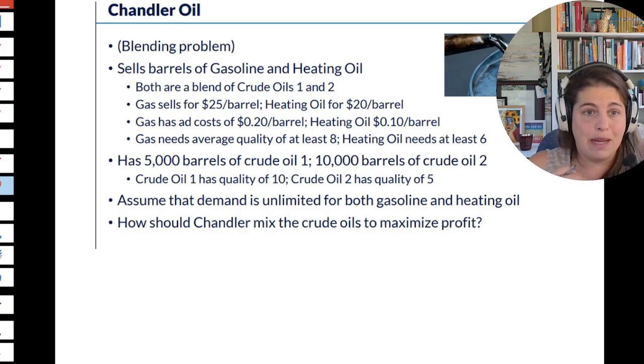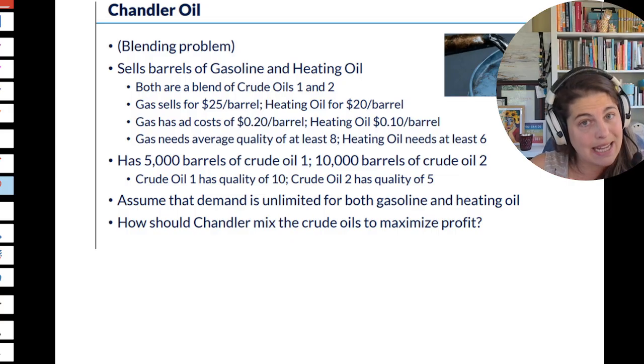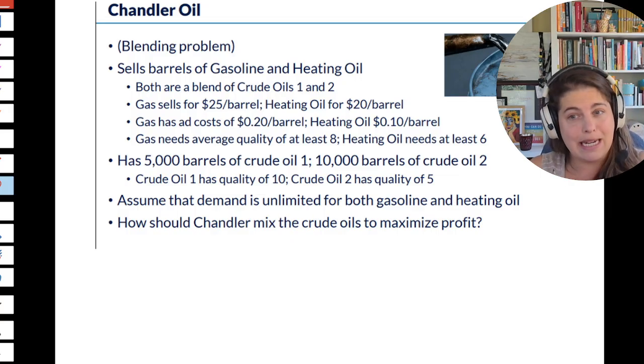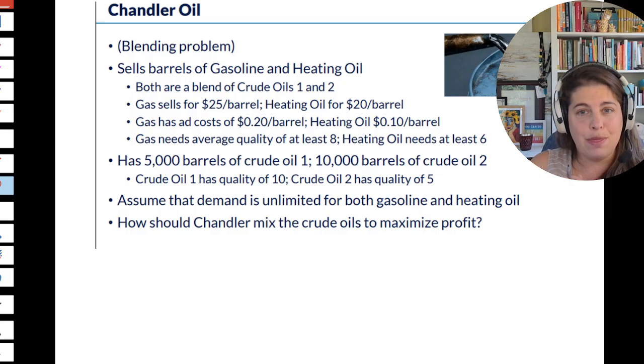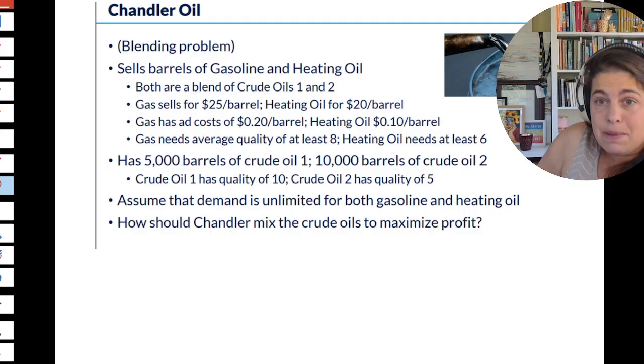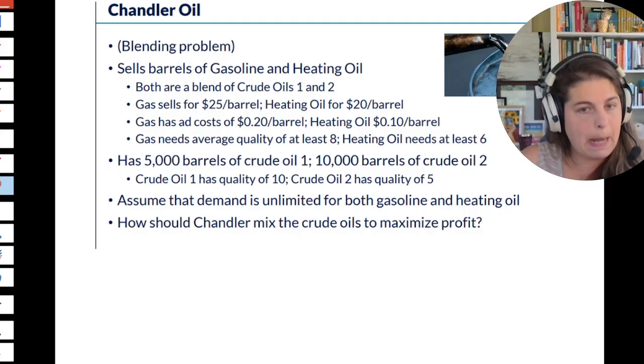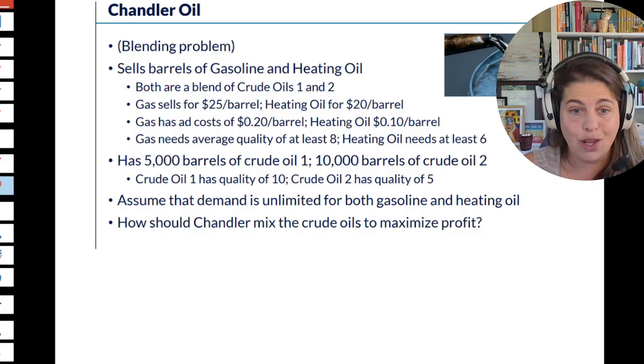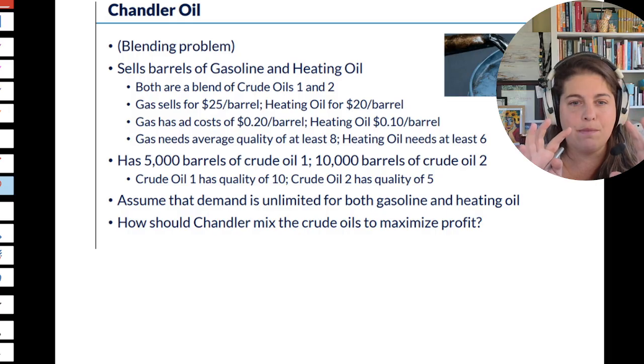I wasn't deciding how much wood and how many screws to put in to make a chair. That was given in the problem. But in a blending problem, I am deciding how much of each ingredient is going into the product. Now, this is a simplified blending problem because they're actually pretty long, and they want to be able to focus on some of the elements of it.